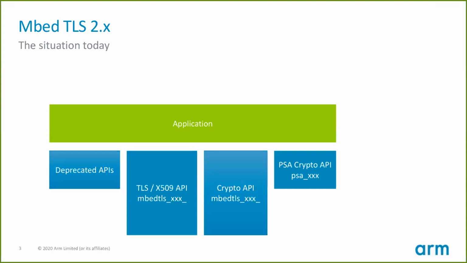For the crypto part, since almost 2 years ago, there's also an alternative set of functions, the PSA crypto API, psa_something functions. In the long term, the crypto part is supposed to become all PSA functions, while the TLS and X509 parts will remain mbedtls_something. But that's not the definition of 3.x. Maybe that will be the definition of 4.0, but not 3.0.